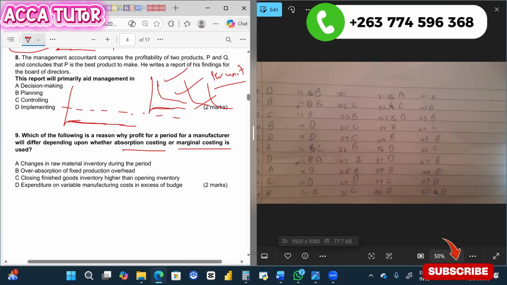So which one of those reasons is going to explain the difference in profitability in a situation where we are using absorption costing or marginal costing? What is going to make their profits different?